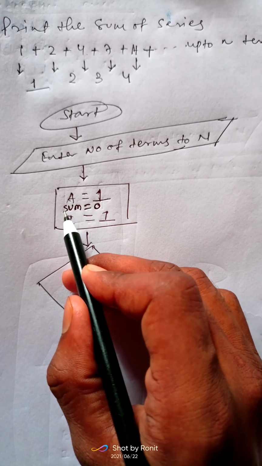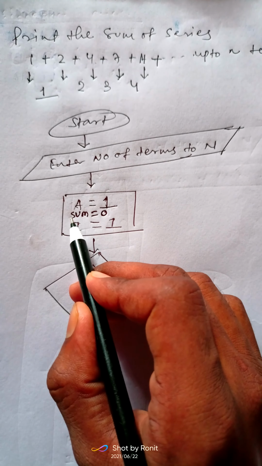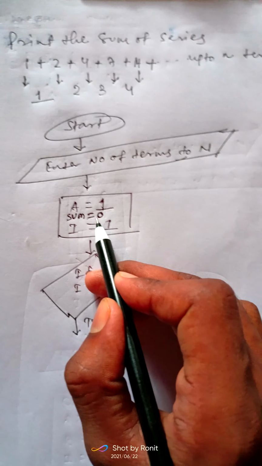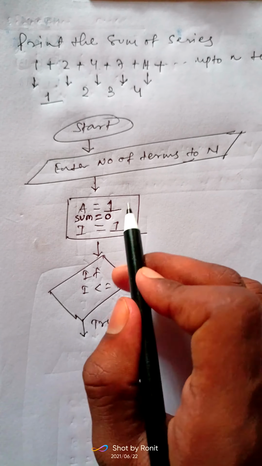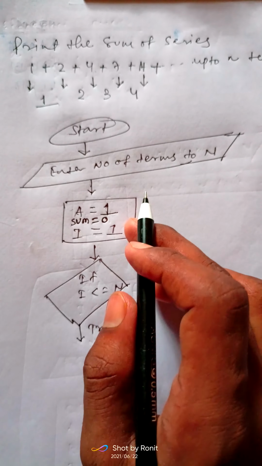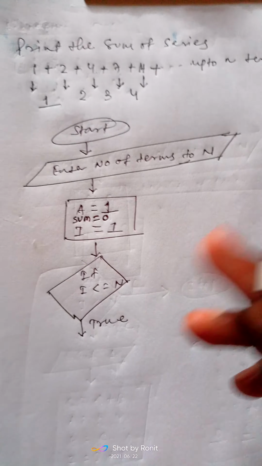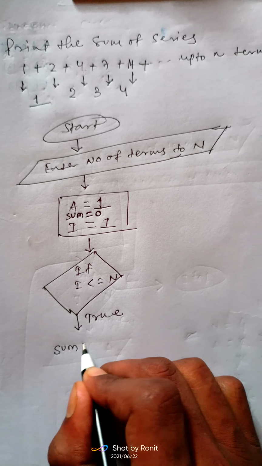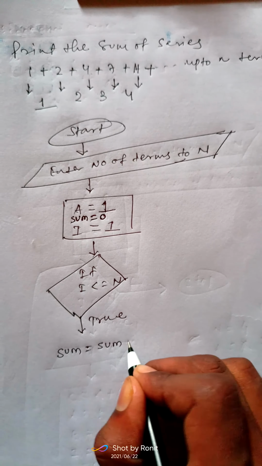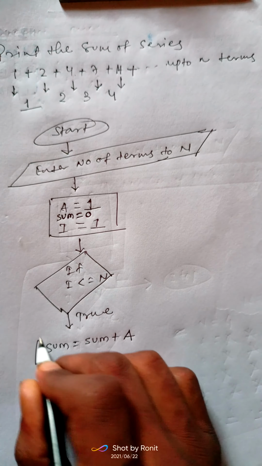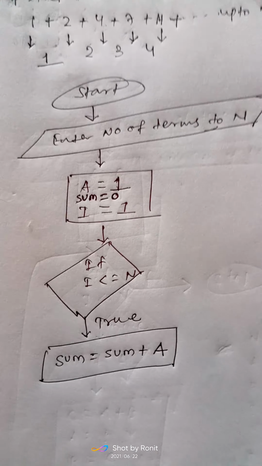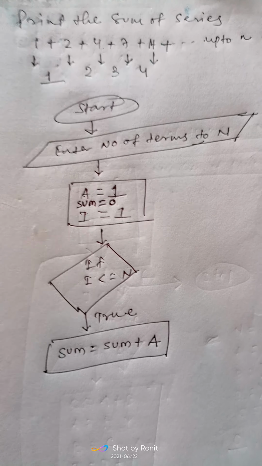Initially, sum stores 0 because we haven't found the sum of any number till now. So sum will be sum plus a.